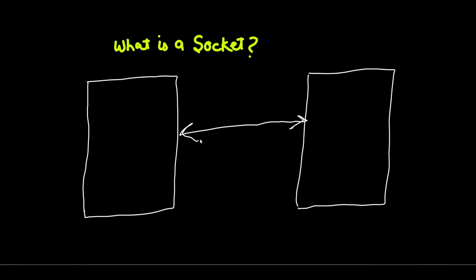So we have one server in the network and all our clients communicate with that server. So let's put it as a server, and here we have the client. There may be multiple clients connecting to the server over a socket.